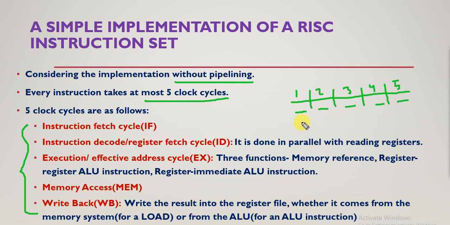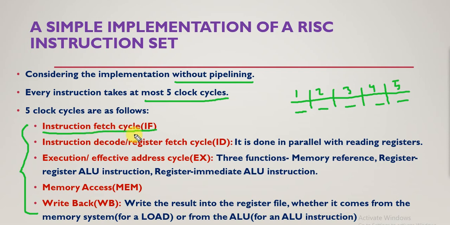Some instructions require only 2 clock cycles, some require only 4, and some require 5 clock cycles. 5 is common, which is why it is given as 5 different clock cycles. For all instructions, the first step will be the instruction fetch cycle. In the first cycle it will do instruction fetch.